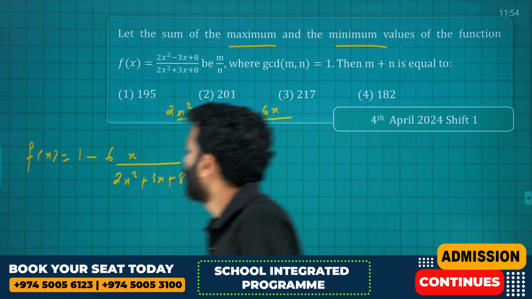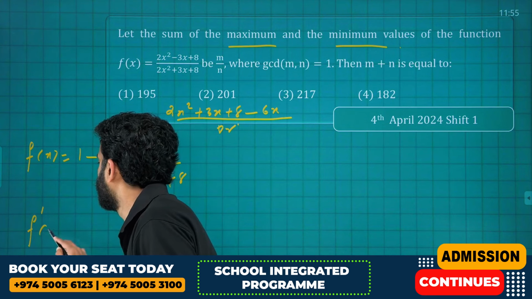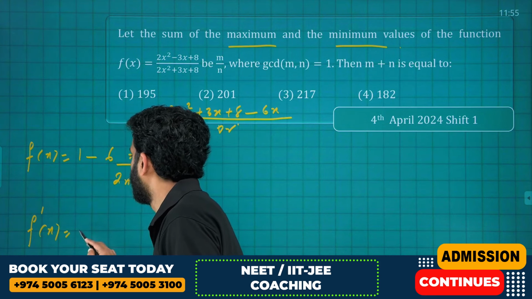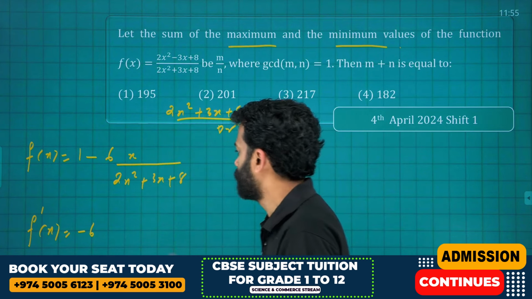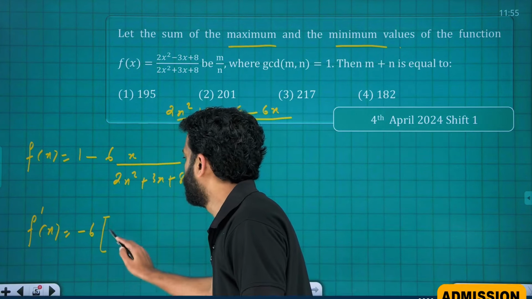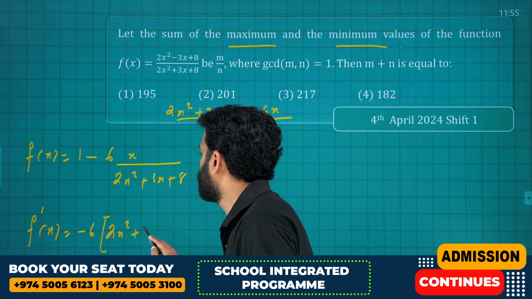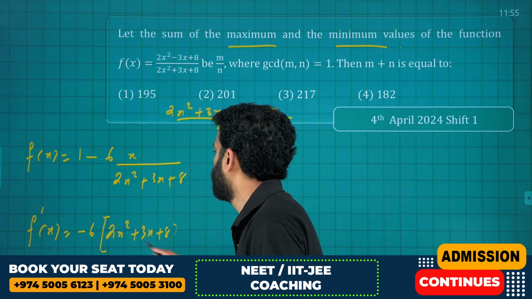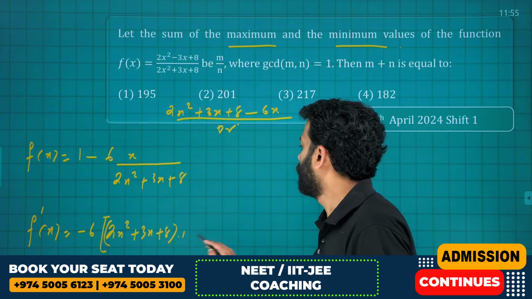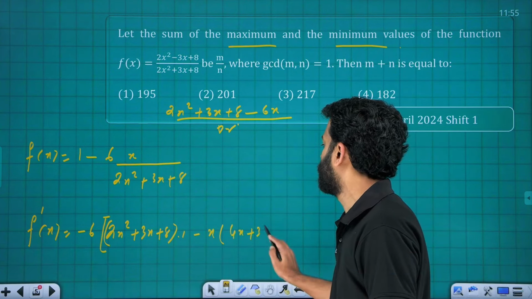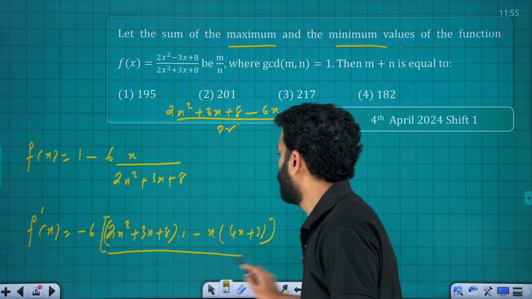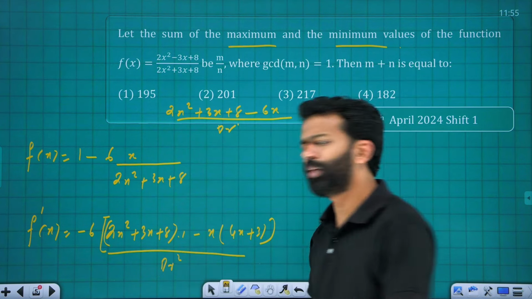So f dash of x. What is f dash of x? This is 0 and minus 6 into the quotient rule. Differentiating here becomes the quotient rule: (2x² + 3x + 8) into 1, minus x into (4x + 3), divided by the denominator squared, which we can perform later.